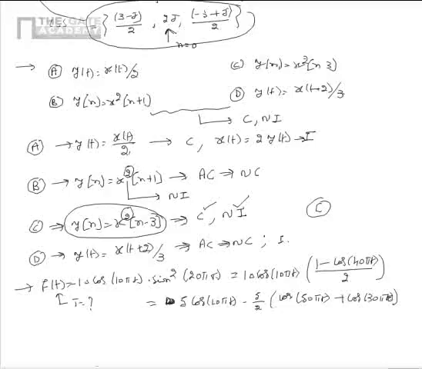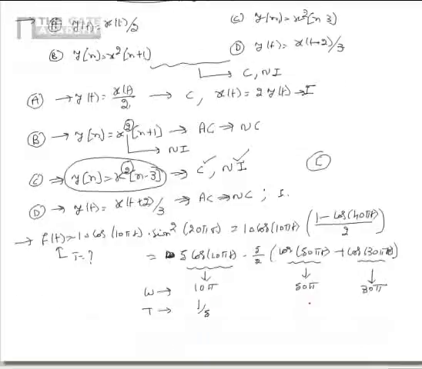From this, we can see that the signal f of t is the sum of three signals, each of angular frequencies 10 pi radians per second, 50 pi radians per second, and 30 pi radians per second. From this, we can find the time period of each as 2 pi by omega, hence 1 by 5 second, 1 by 25 second, and 1 by 15 second.